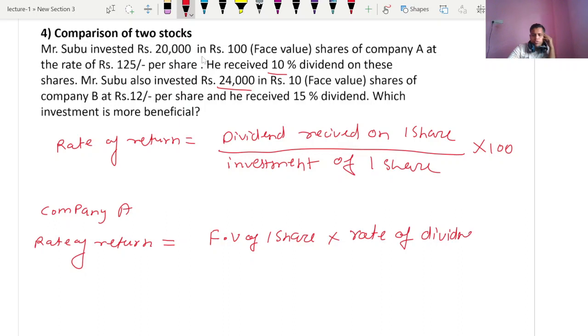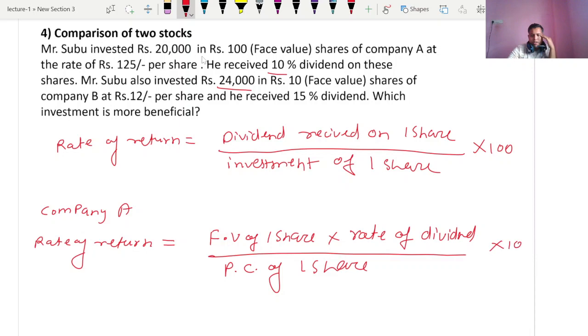This is the formula of dividend received on one share, divided by the investment of one share, or market price, the purchase cost of one share, multiplied by 100.